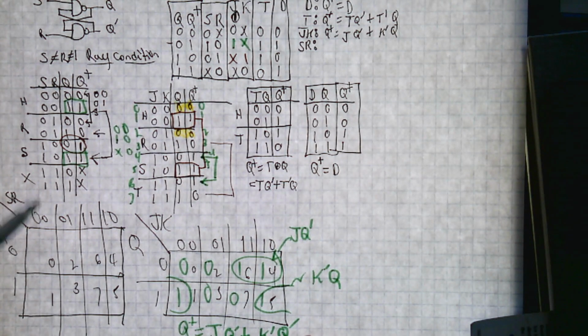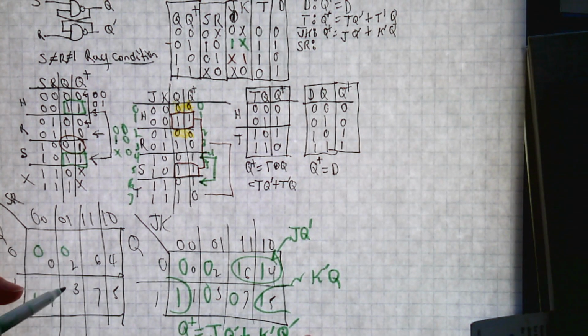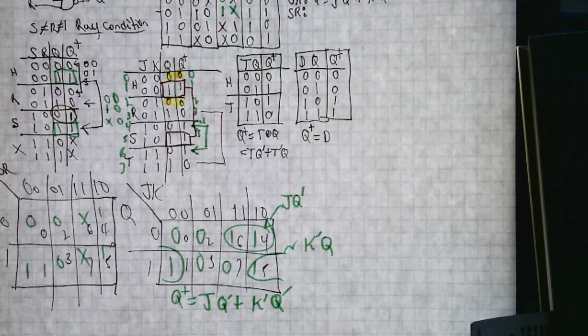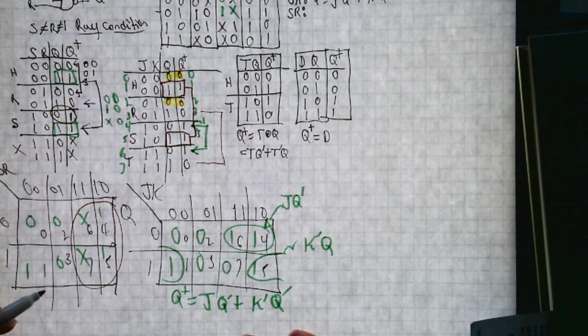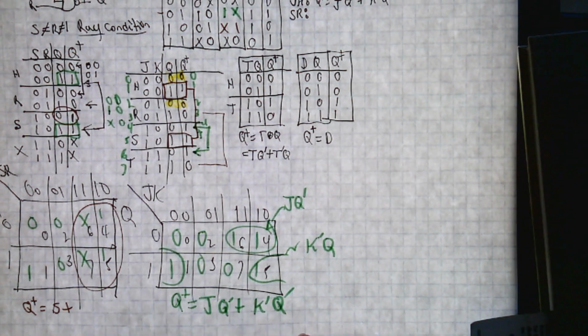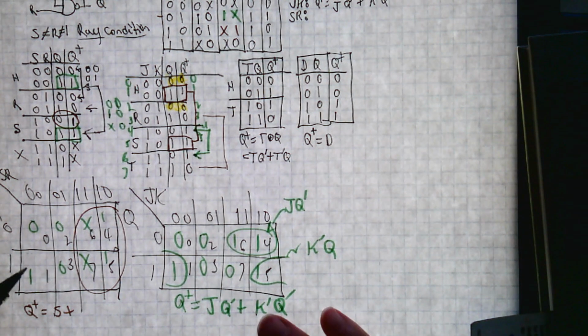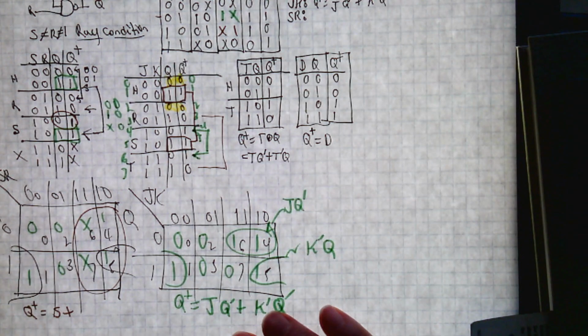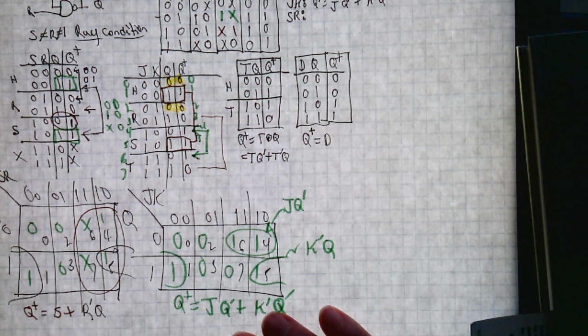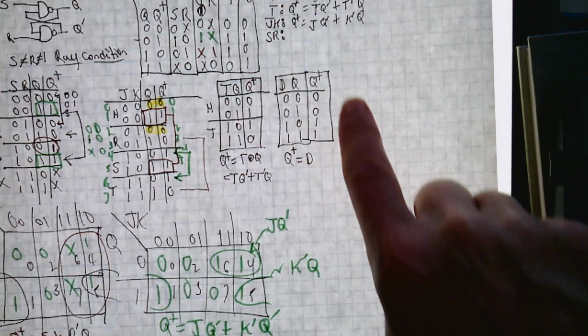0, 1, 0, 0, 1, 1, XX. And now, do a loop, and I can write Q plus equals S, or, and now I got to do another loop, and that's going to be R prime Q. And that little guy gets written over here.